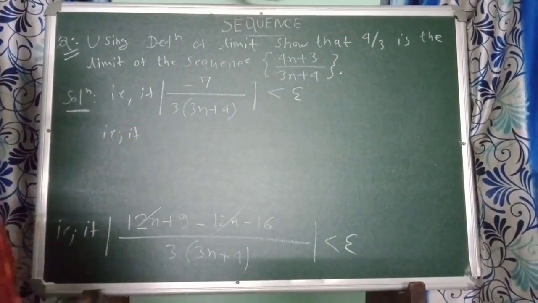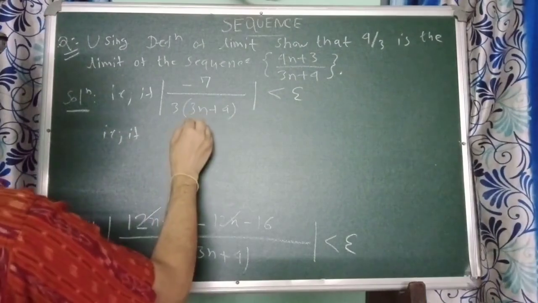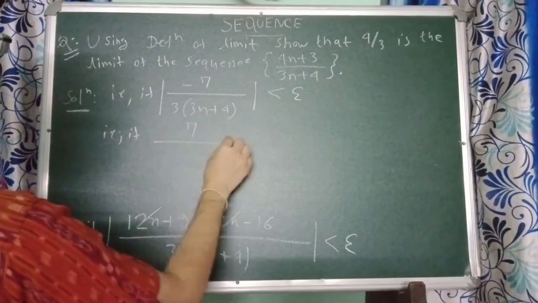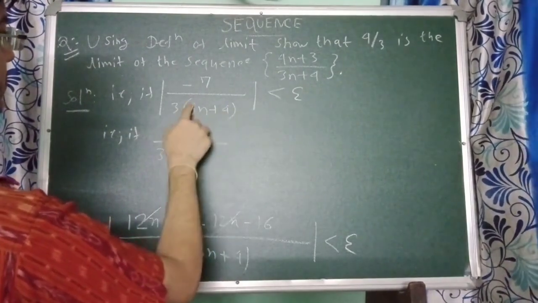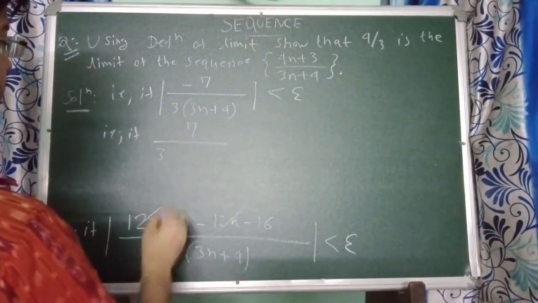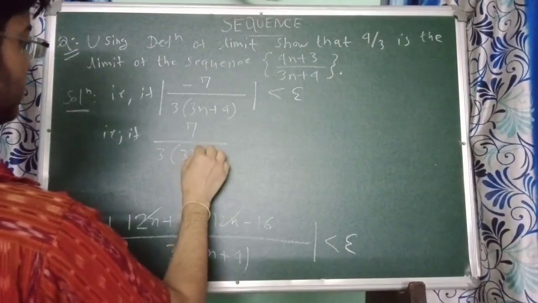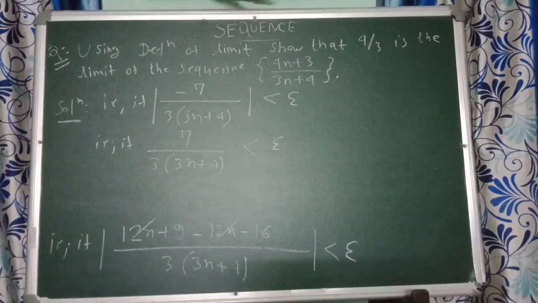That is, taking mod both sides, mod of minus 7 is 7, and since this is a natural number, n is positive and 3 is also a positive quantity, so we get 7.